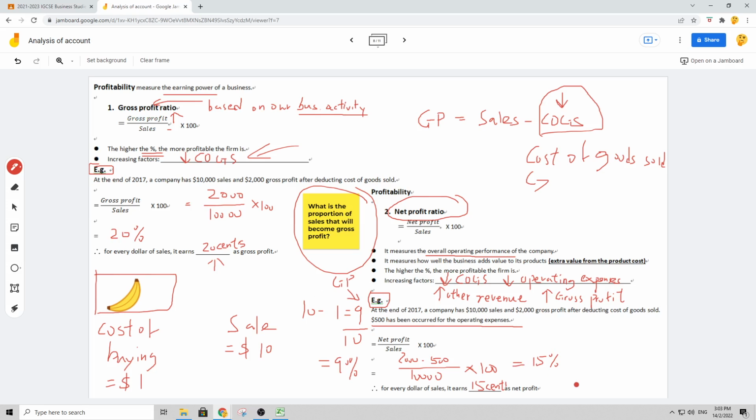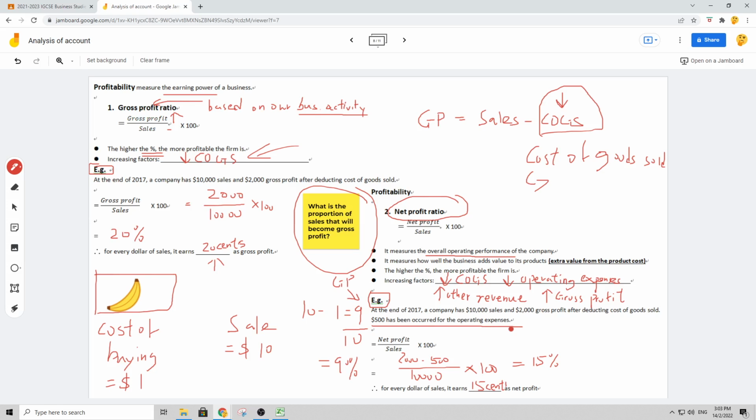Based on the two cases here, one is 20 and the other is 15, because it also considers the 500 as operating expenses. Of course, you can argue that if they have more other revenues than operating expenses, then your net profit ratio should go up. But in general, as a business, you won't have that much other revenue. So normally, this is what you would see.